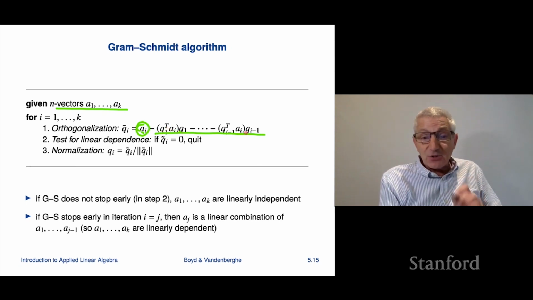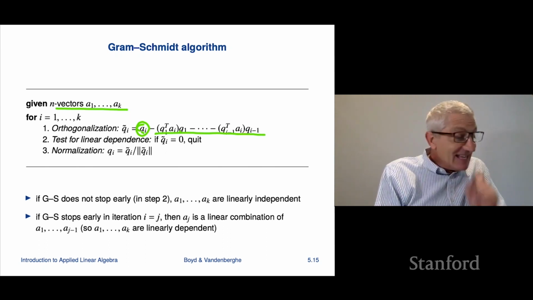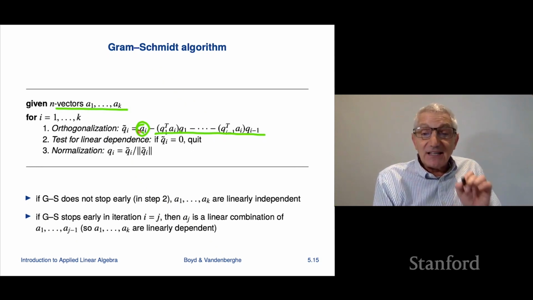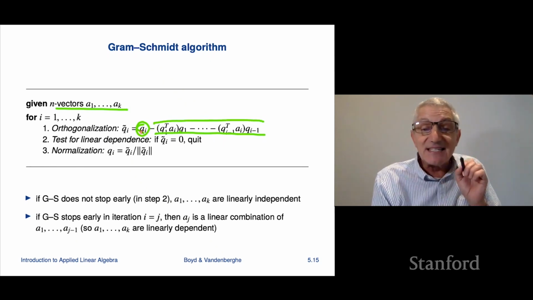Now, you may remember this from last time: if ai is a linear combination of q1 up to q(i-1), then in fact all of this is equal to ai, and qi tilde is 0.